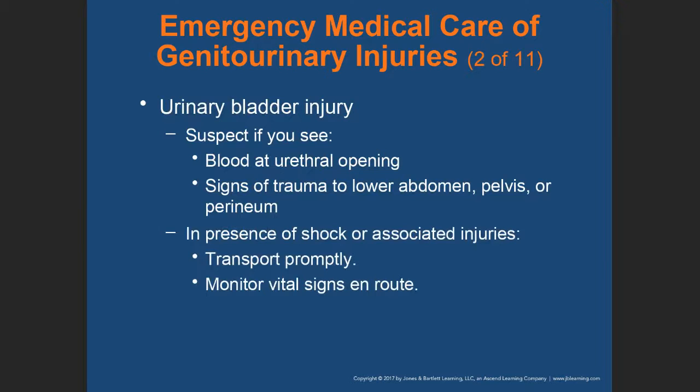For urinary bladder injury, suspect it if you see blood at the urethral opening or signs of trauma to the lower abdomen, pelvis, or perineum. In the presence of shock or associated injuries, transport promptly and monitor vital signs en route.